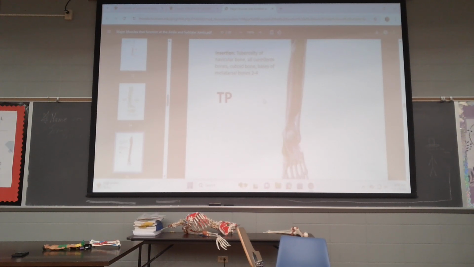Tom, Dick, and Harry. So there's Tom, tibialis posterior. Here's Dick, our flexor digitorum longus. So we had the extensor digits, here's the flexor digits. Crossing posteromedial.